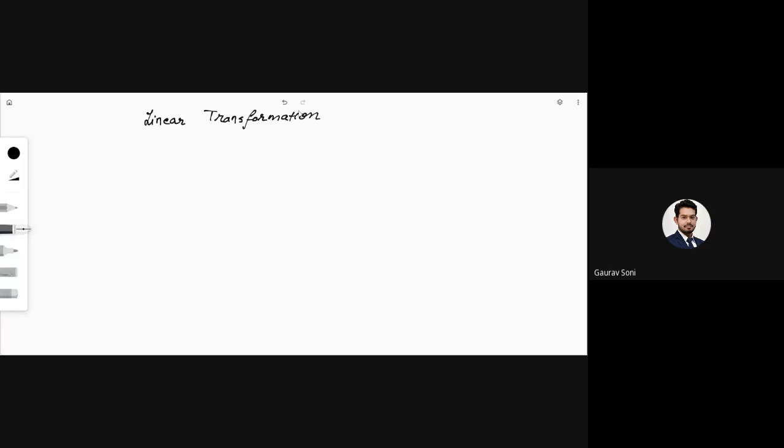So, the dictionary meaning of transformation is that you have something and it is transforming into something else. Okay, so for an example, if you have in a three-dimensional space a square like this.